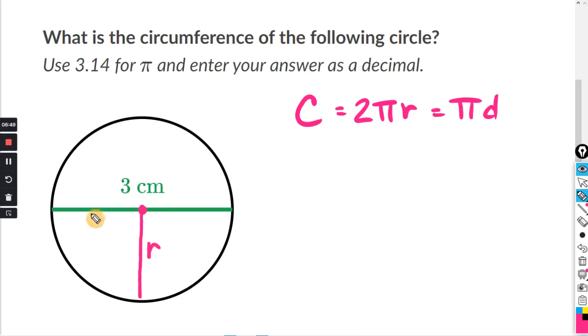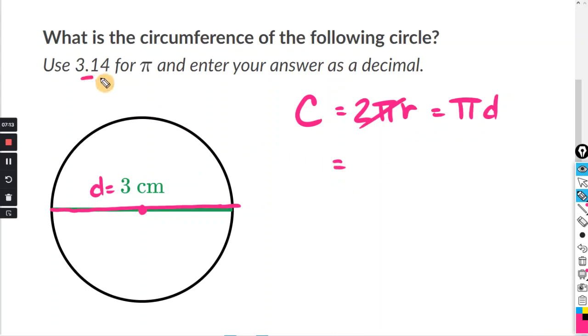But if you have a segment that goes through the center all the way from one side of the circle to the other, that's the diameter, d. In this case, we don't have the radius, r. We have the diameter, d. So we don't need 2 pi r. We're just going to use pi times d.